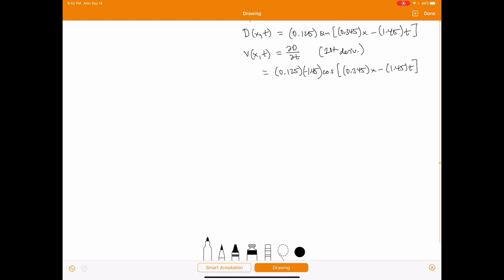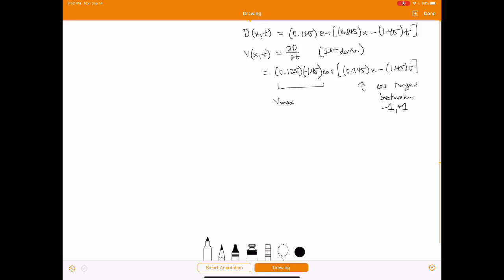So we only need to think about the derivative of the second term, which will bring out minus 1.45. Okay? And of course, if we look at cosine, that's just a function that ranges between -1 and 1. So therefore, whatever is out front here is the maximum velocity that we're looking for. This is Vmax.